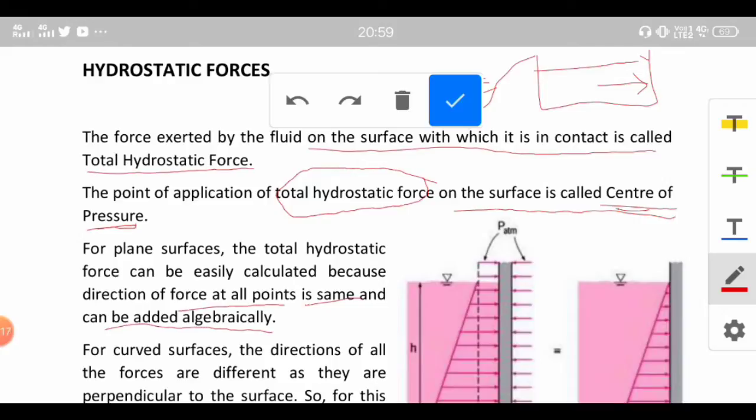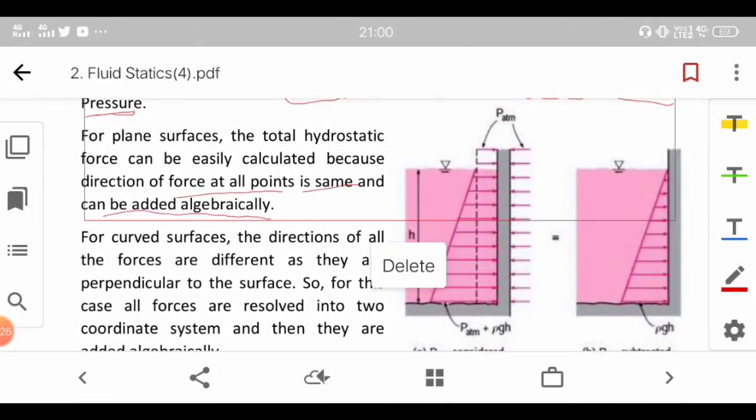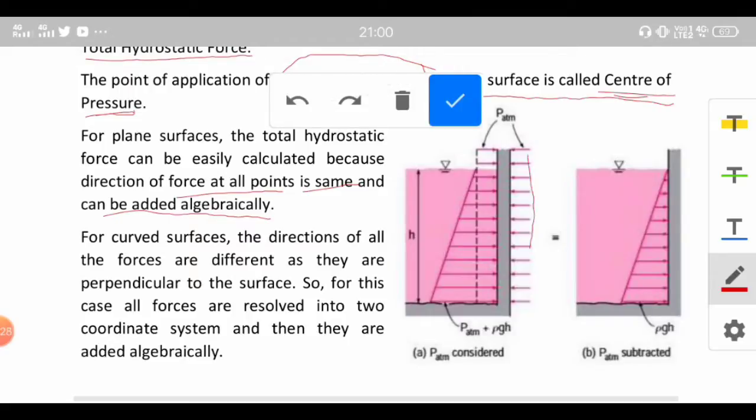And in a plane surface, let us take up this figure. We have a plane surface and hydrostatic force is being applied to it, and the hydrostatic force will be increasing as you move to depth.